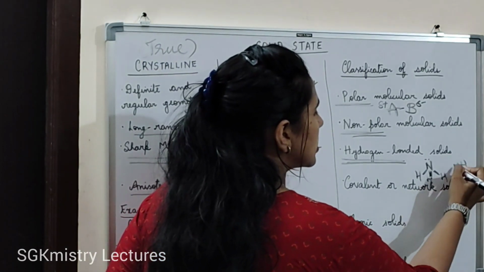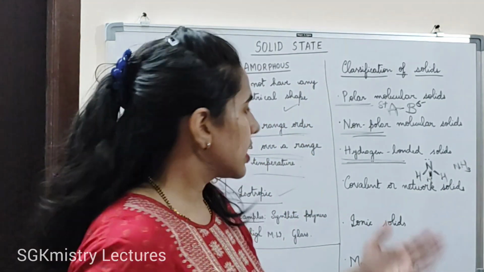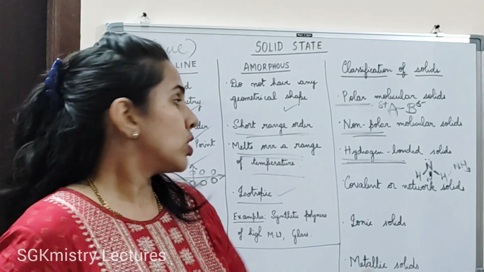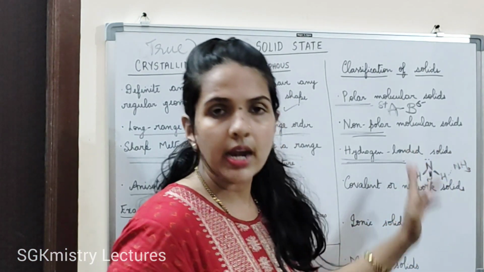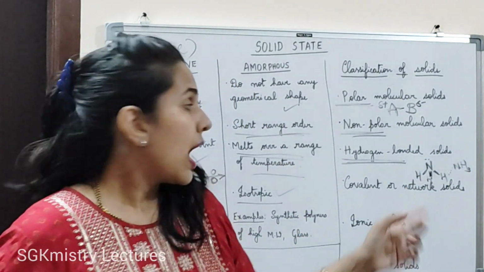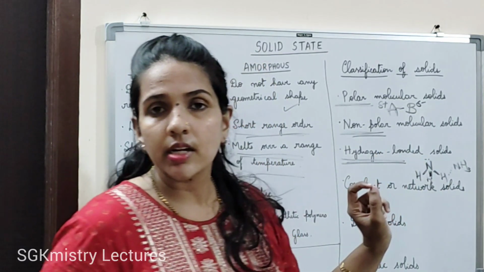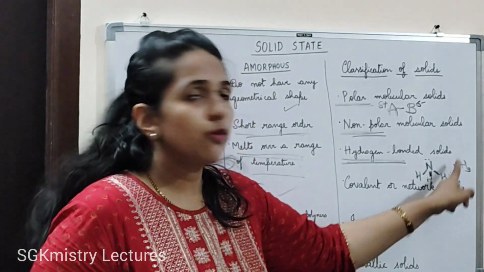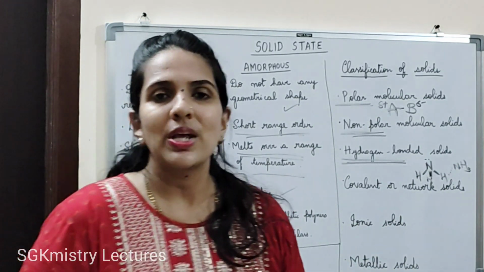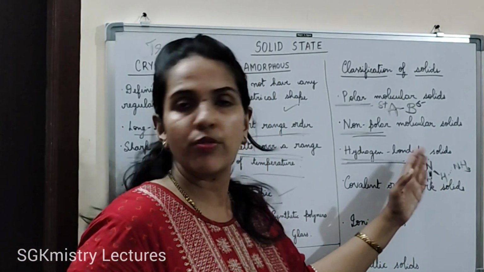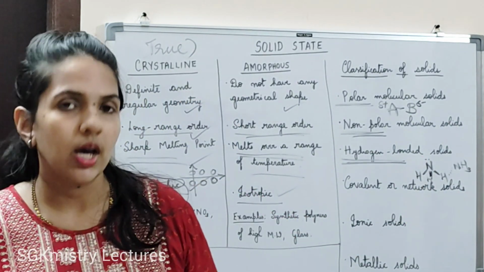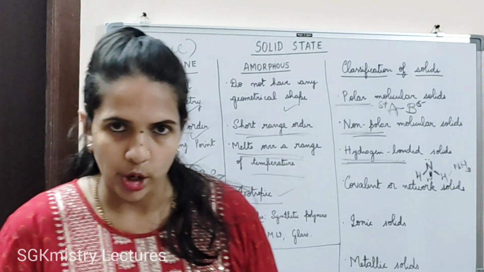This hydrogen and this nitrogen can have a weak force of attraction between them because N is electronegative and hydrogen is electropositive, and this hydrogen is again connected to electronegative nitrogen. That force of attraction between the hydrogen of this ammonia and the nitrogen of the other molecule of ammonia is called a hydrogen bond.